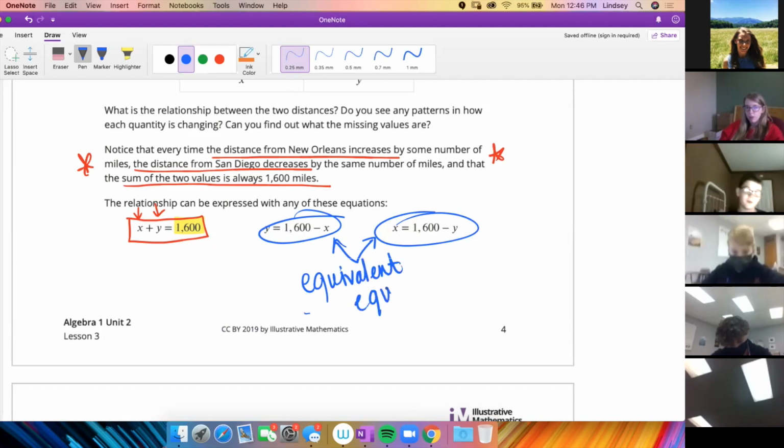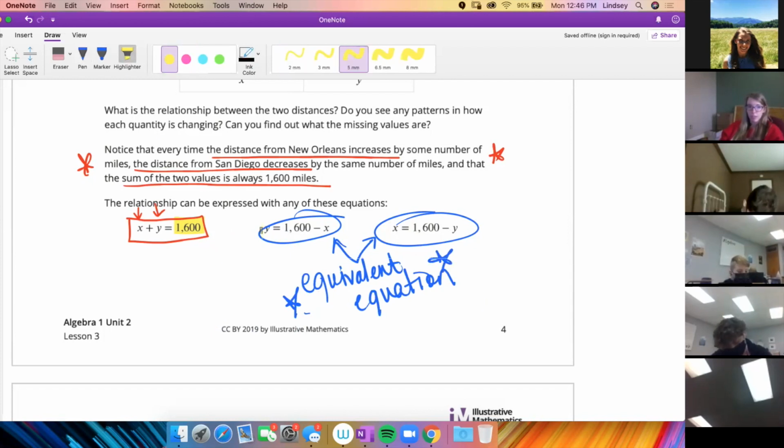An equivalent equation. Each one tells you the correct value of something in the situation, but each one is rearranged and solved for a different variable or quantity.